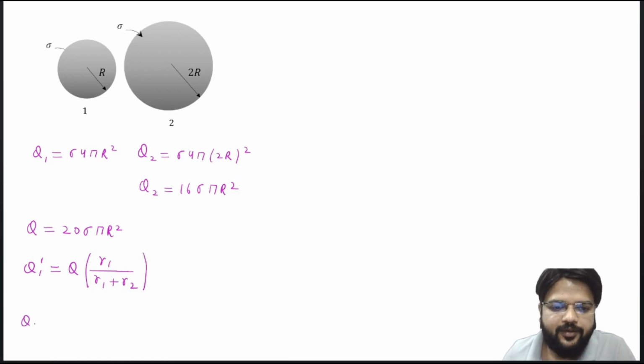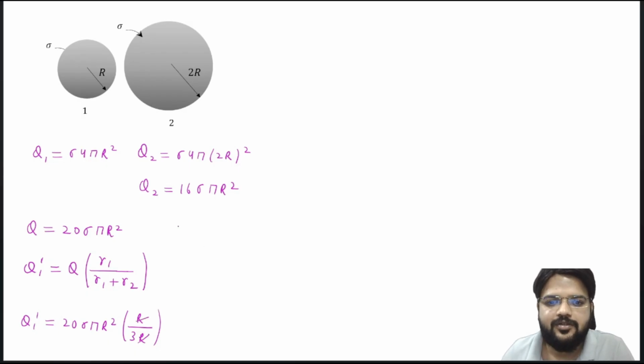So we will put in the values. Q1 dash is equal to Q, which is 20 sigma pi r square, times R1 which is R, divided by R1 plus R2, which is R plus 2R, so it is 3R. R is cancelling. So we are getting Q1 dash equal to 20 by 3 sigma pi r square. All right.